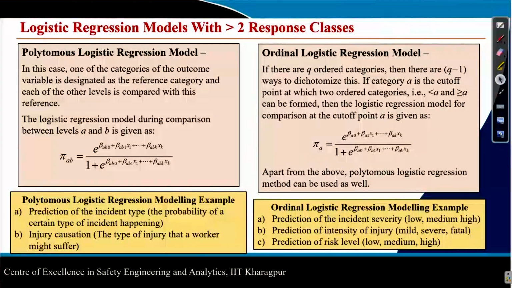There we cannot make any order, but some kind of categories can be found. So, when it is more than 2 categories, it is polytomous. But if you are predicting severity or risk, then you may find ordered categories like high, low, medium, more than 2 ordered categories you can create. In that case, you will be doing ordinal logistic regression.